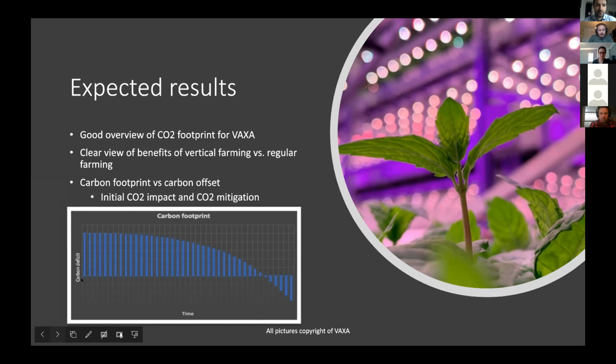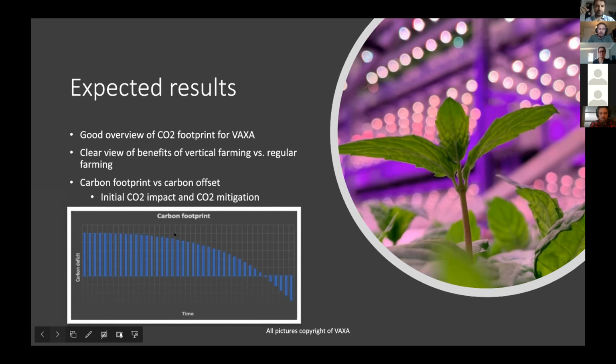And this was the thing that I was talking about. We have the graph here where you have the initial carbon deficit. So let's say the construction puts in X amounts of tons of carbon dioxide, and then you start your production, and slowly you up your production, and you can prove that while buying your produce, you are lowering the carbon footprint, for example, of the regular Icelandic consumer or food production in general.